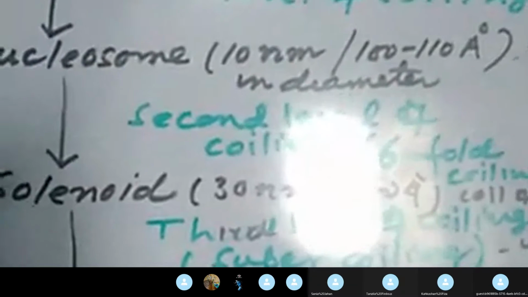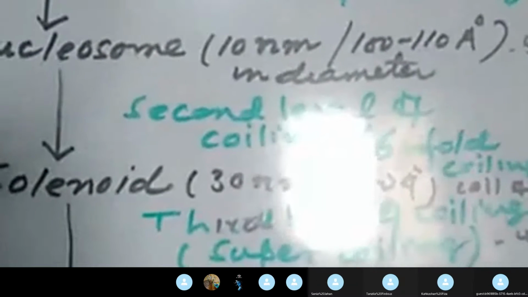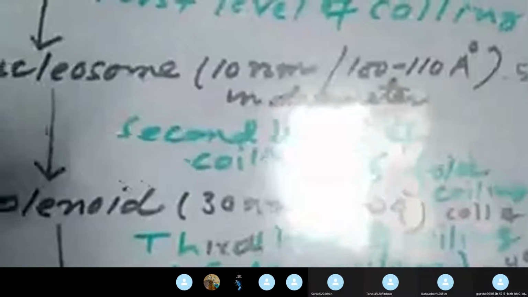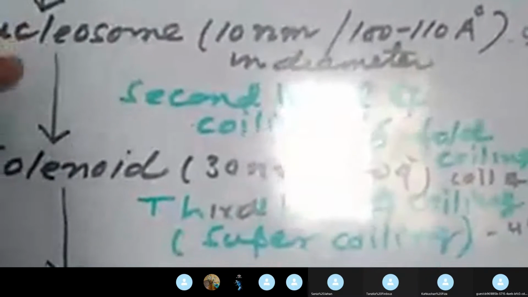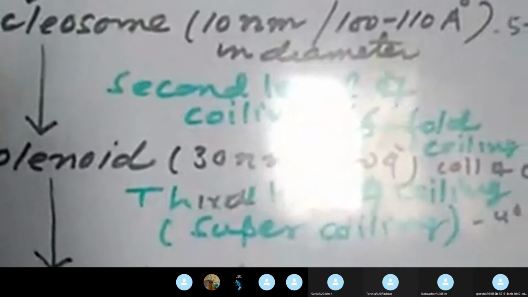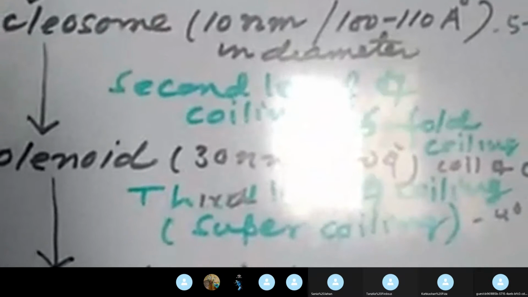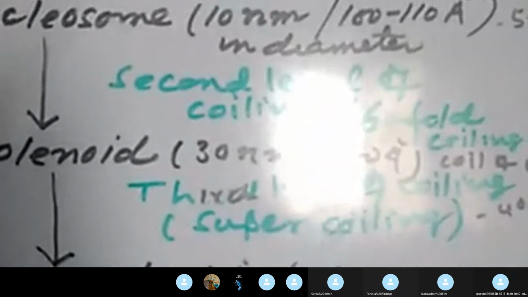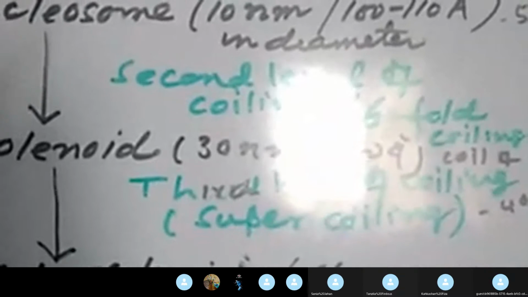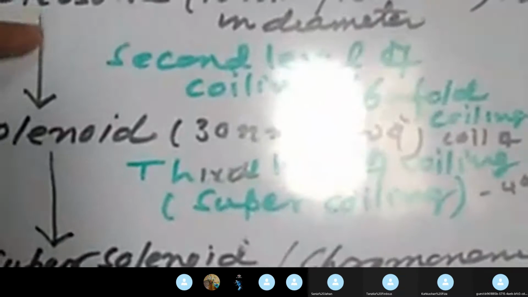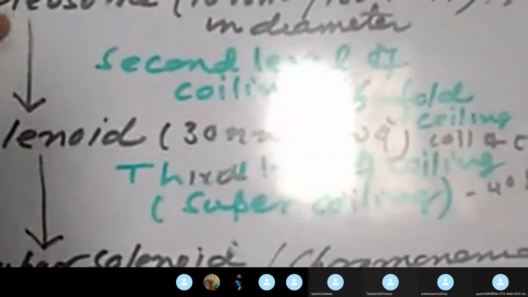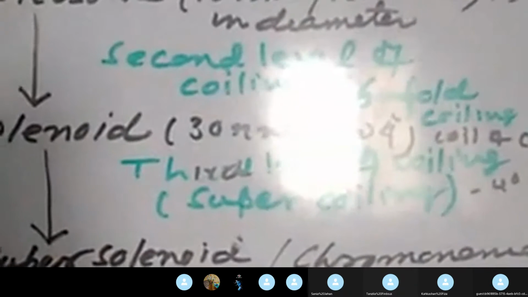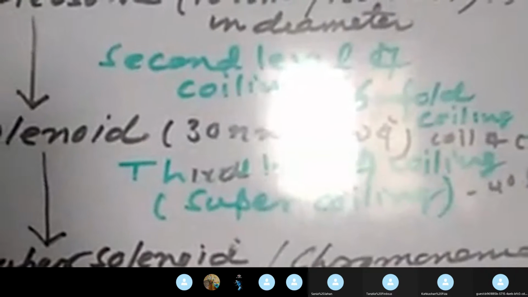This 2 nm fiber of the DNA undergoes the first level of coiling to form a number of repeating units, and these repeating units are known as the nucleosome subunits. In this first level of coiling, the 2 nm fiber of the DNA undergoes coiling around the histone protein to form nucleosome subunits.